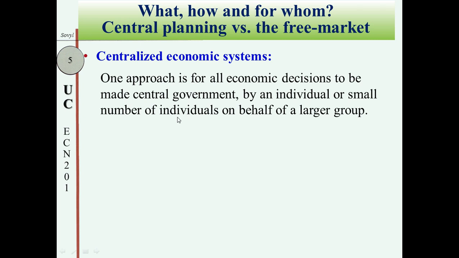Those many people are still a small number. That's why the president or prime minister, or a group of line ministries, make policy for everyone in the country as a whole. It means that in a centralized economic system, government has to decide everything.